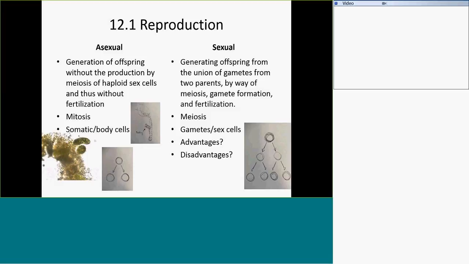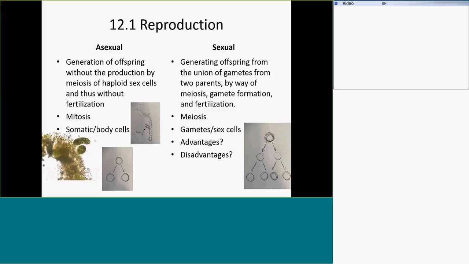And we see multiple examples of plants and animals, like starfish or the budding of a hydra, that go through asexual forms of reproduction. Asexual reproduction is defined as the generation of offspring without the production by meiosis of haploid sex cells. We'll talk about haploid repeatedly here. Haploid, one set of chromosomes, and this without fertilization.